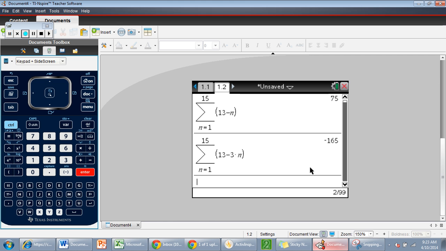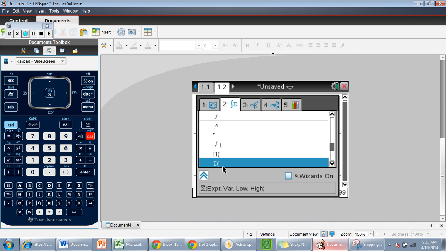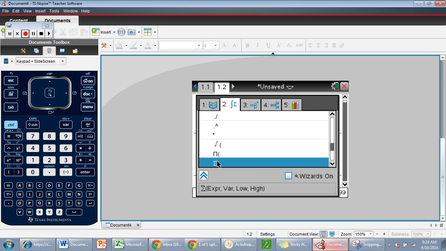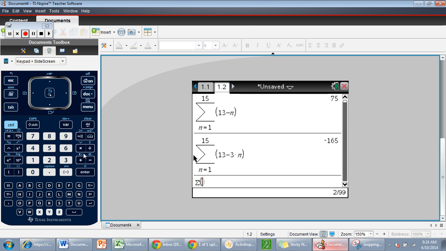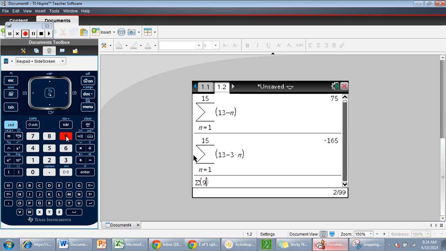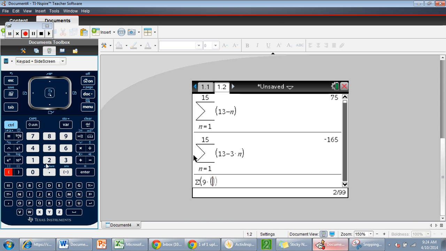So if you want to go ahead and review that, I'm going to go through this pretty quickly this time around. So you hit the book, make sure you find the sigma key, which is under tab 2. You scroll all the way down under mathematical operators, and you find the sigma, and then you type the expression for your sequence, which we had was 9 times, and with geometric you're going to want to put an extra parentheses there for 2 divided by 3.